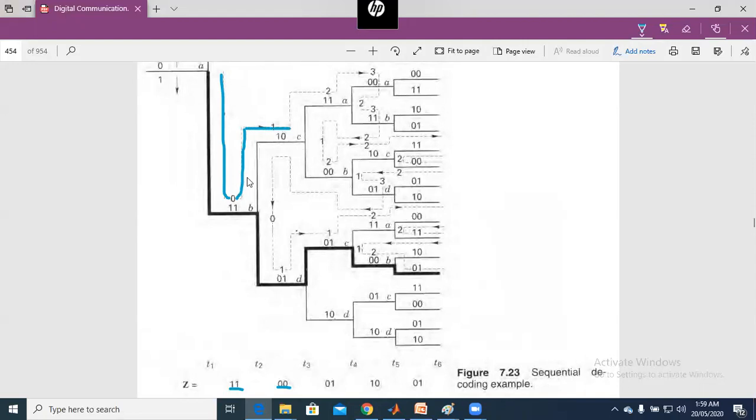So the total distance becomes 1, and then we take 0, 1. 0, 1 with 1, 1 has a distance of 1, and the total distance of the path becomes 2. Then we have 1, 0, and we compare it with 0, 0.